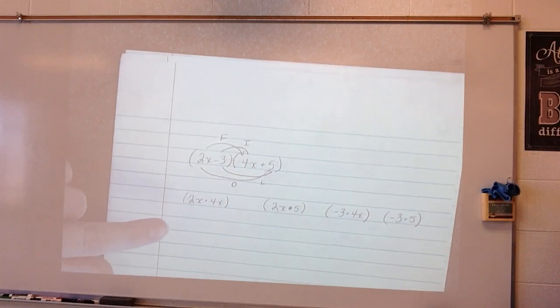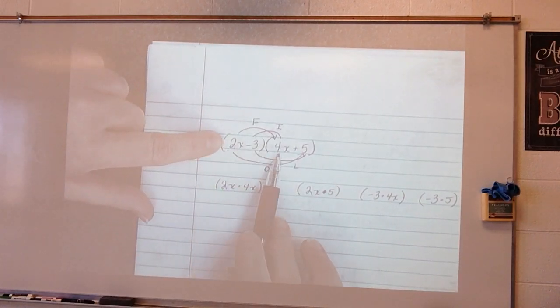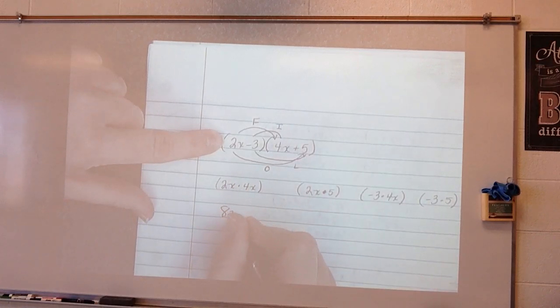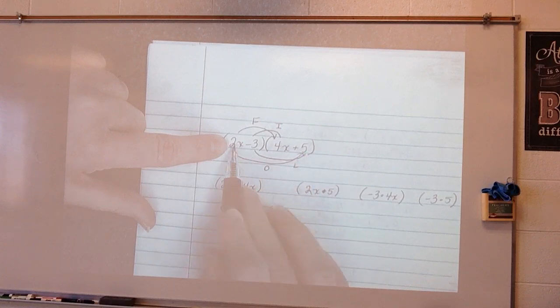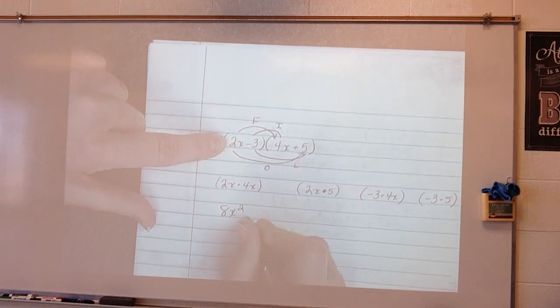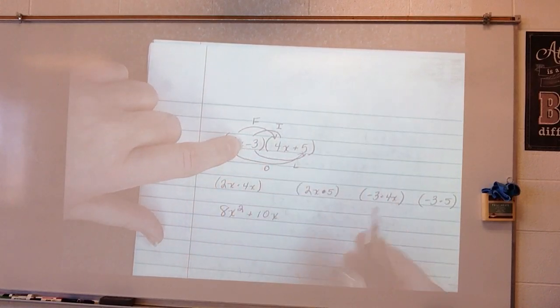So let's go ahead and multiply that. 2x times 4x is 8x squared. Now I multiply my outers. 2x times 5 is 10x. Multiply my inners. Negative 3 times 4x is negative 12x.